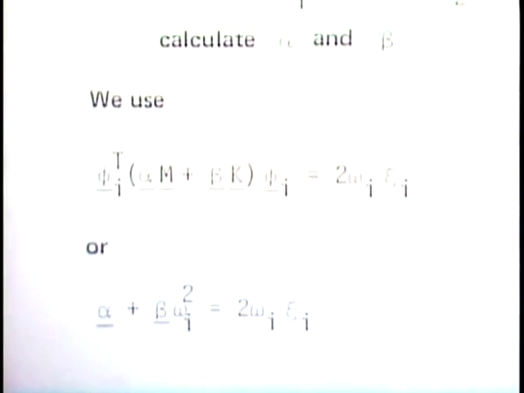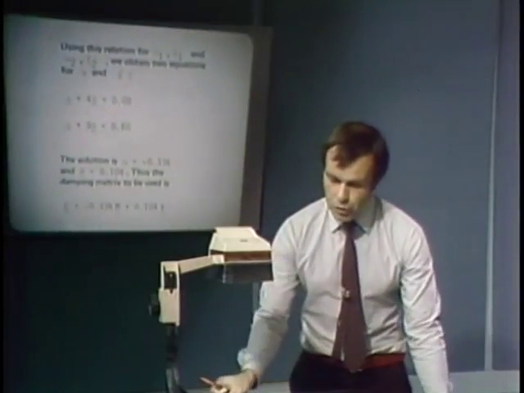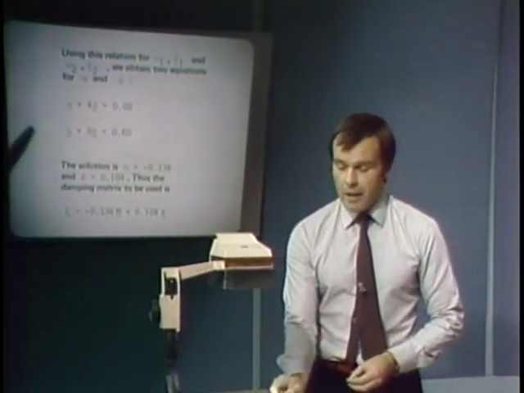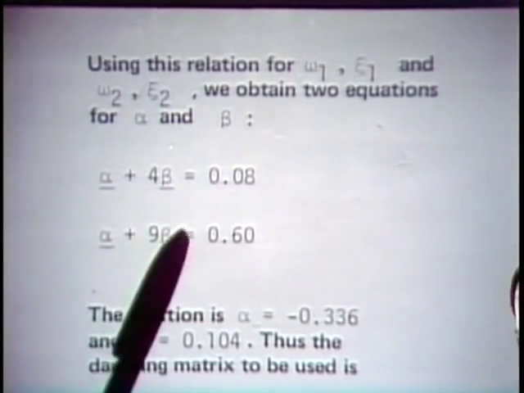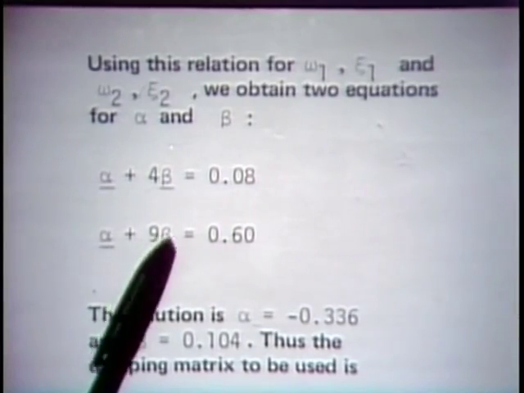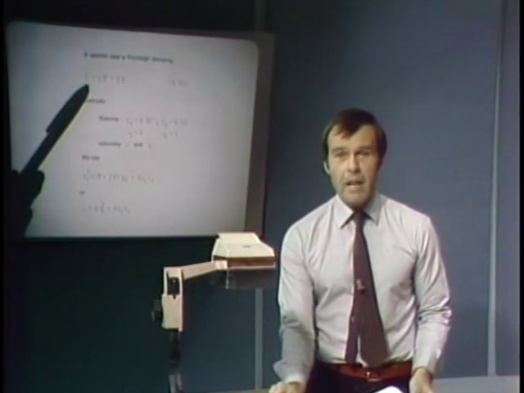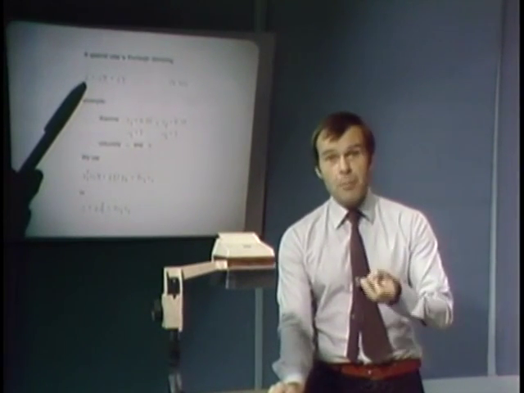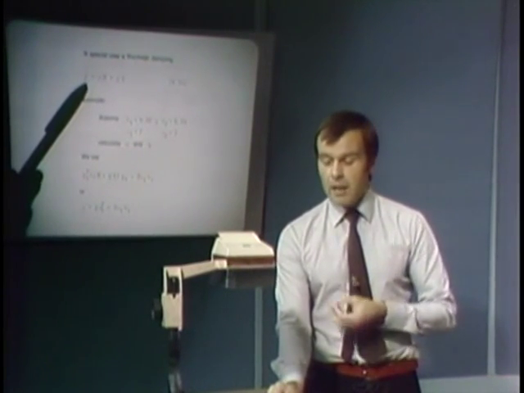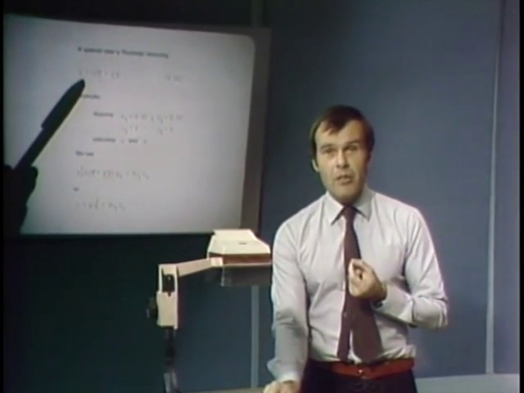Applying it twice, we directly obtain these two equations here. And we solve these two equations for alpha and beta. Having got alpha and beta, we can substitute now back into this equation here and have our C matrix. This would be, for example, a C matrix that we could use in a direct integration analysis.